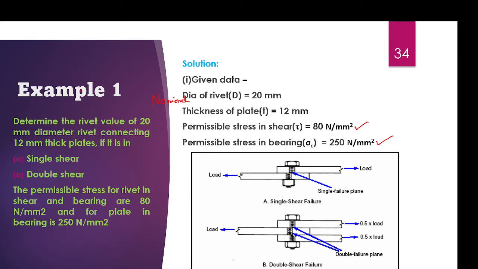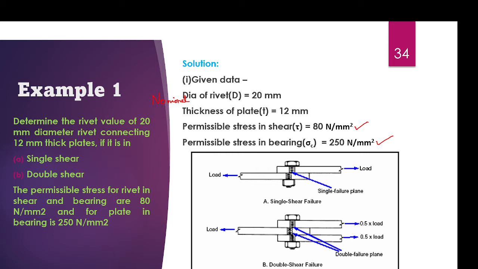In this picture, you can see a bolted connection. Though we are solving a riveted connection problem, this type of shear failure in both cases, riveted connection and bolted connection, is the same. So first of all, have a look at the first figure.